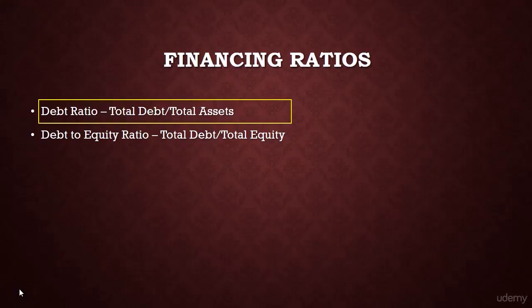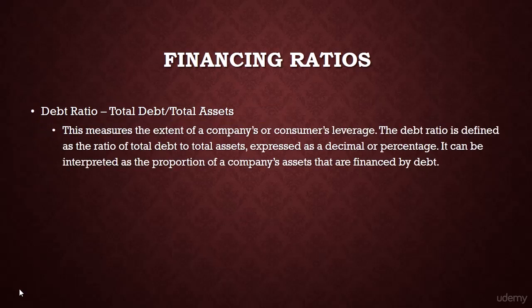In this video, we'll be taking a more in-depth look at our financing ratios, which is basically how we use debt to finance our company, also known as leverage. So our first ratio is our debt ratio, which is our total debt divided by our total assets. And this measures the extent of a company or consumer's leverage. As I said, leverage is using debt.